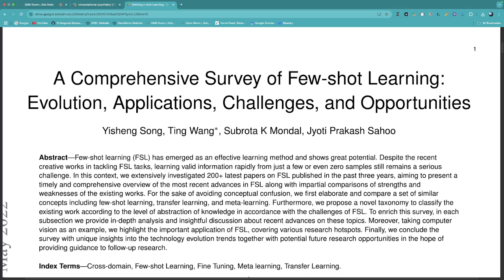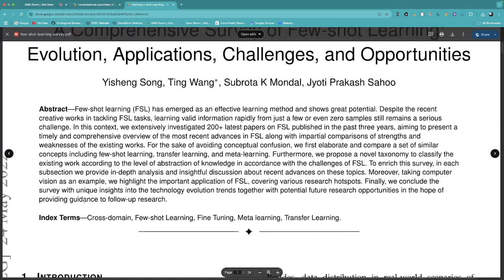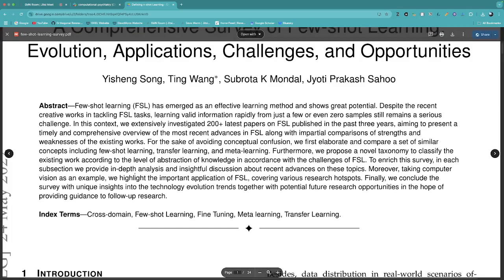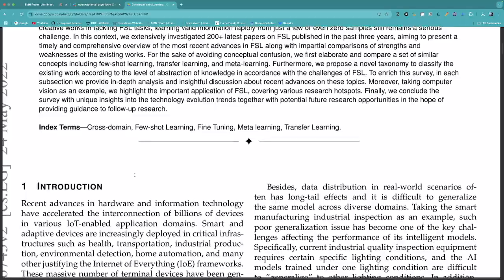To enrich this survey, in each subsection we provide an in-depth analysis and insightful discussion. Taking computer vision as an example, we highlight the important application of FSL, covering various research hotspots. Finally, we conclude the survey with unique insights into the evolution of these technologies and hope that gives us guidance for the future.